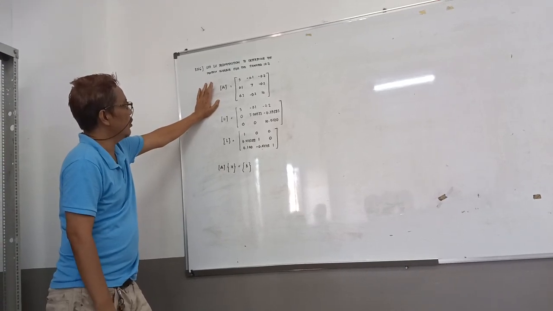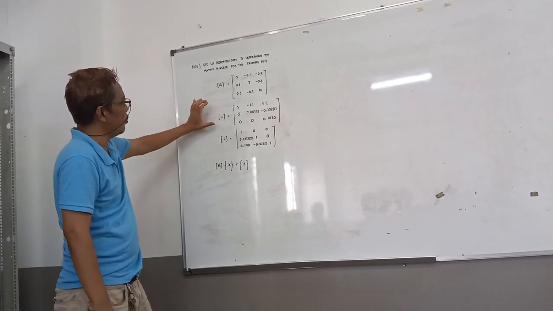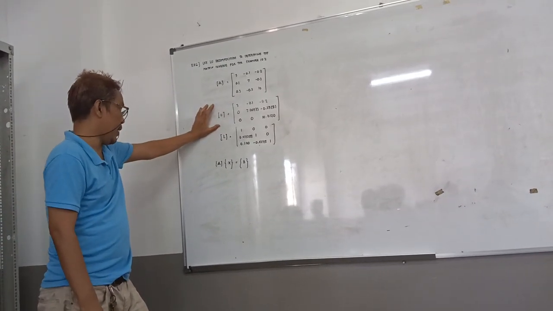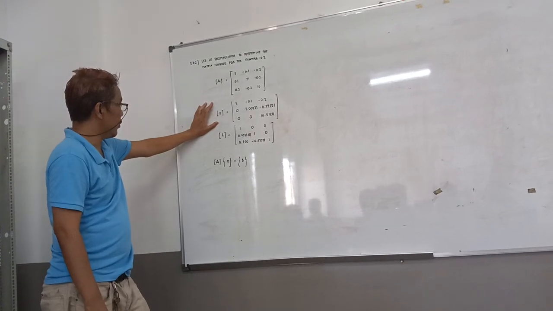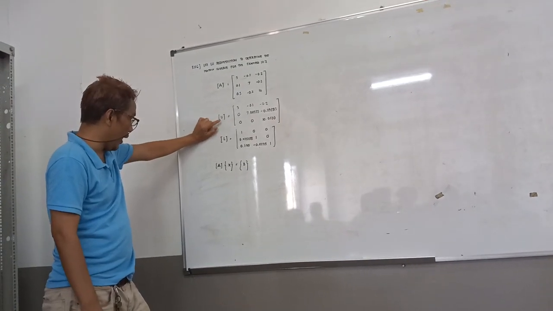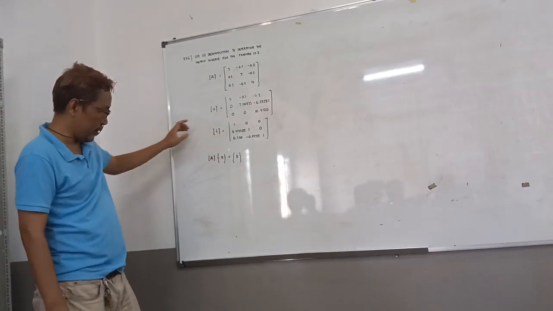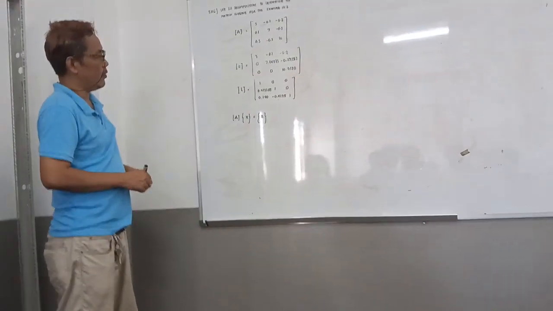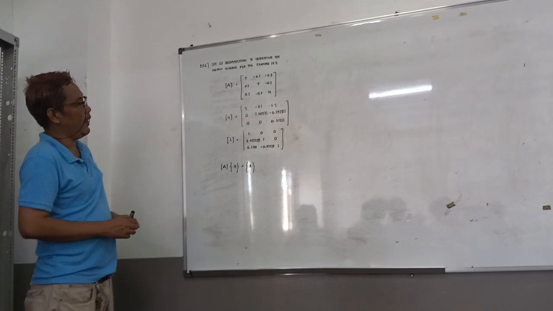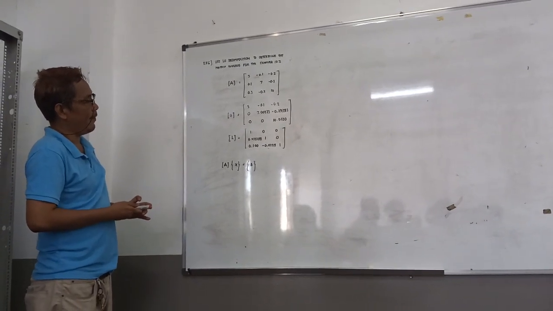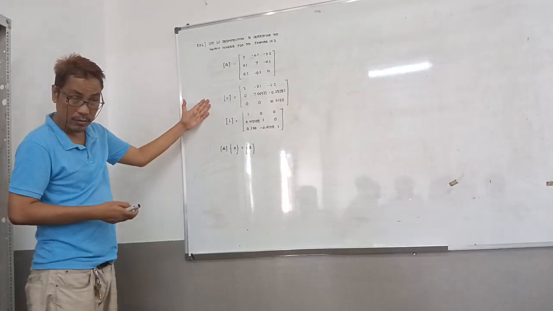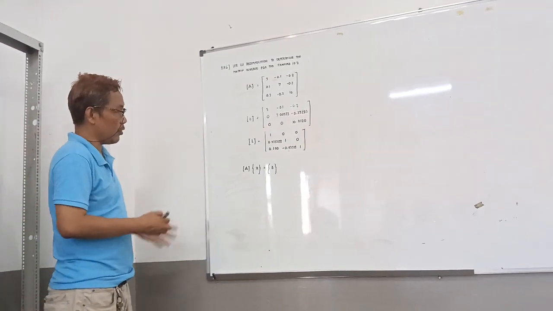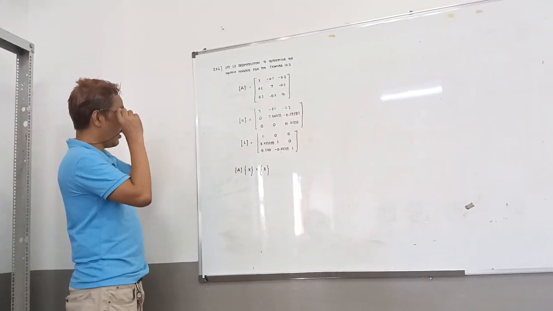In that example, we were asked to decompose matrix A into two component matrices, which we call the upper and lower triangular matrices. We will give the benefit of the doubt that these values are correct, so we will use these values in our example.